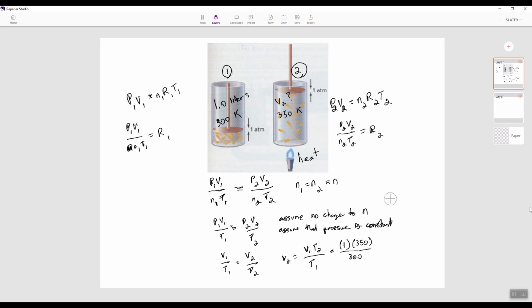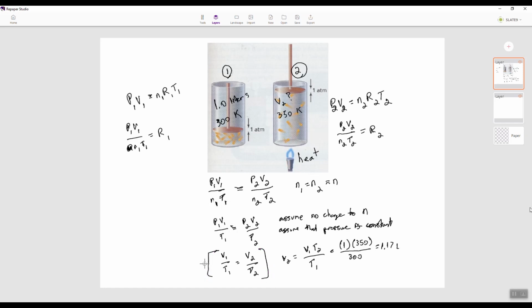I'm getting that on my calculator out to 1.17 liters. So by raising the temperature from 300 Kelvin up to 350 Kelvin, we've increased the volume from 1 liter up to 1.17 liters. Comes from the ideal gas law, but this is a nice relationship to understand.